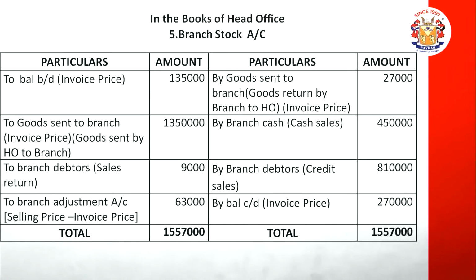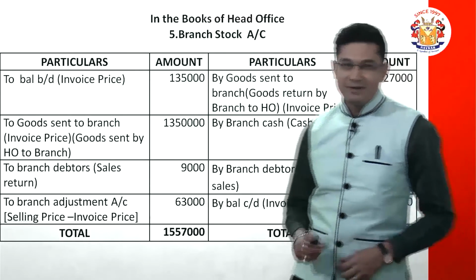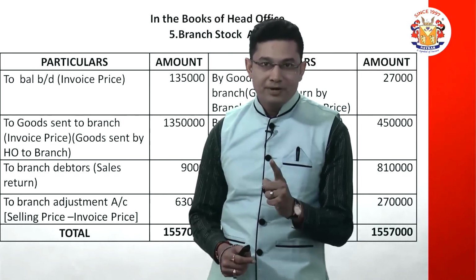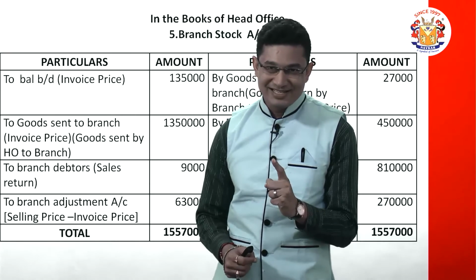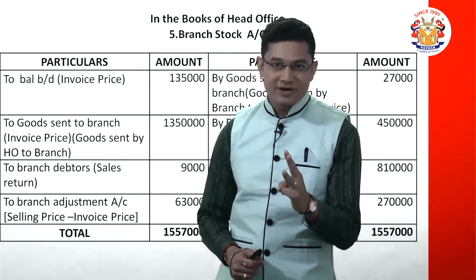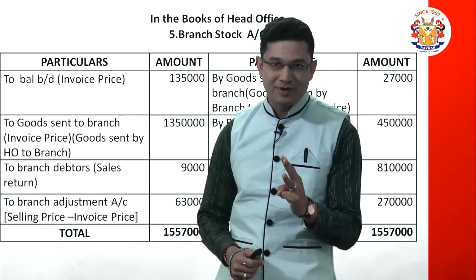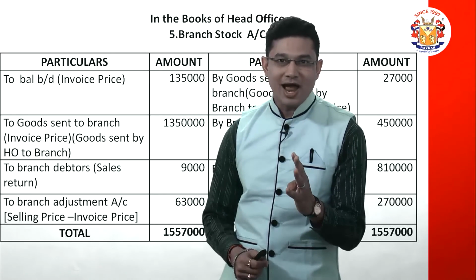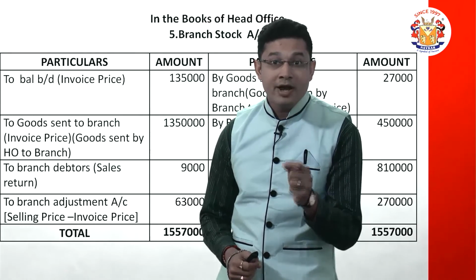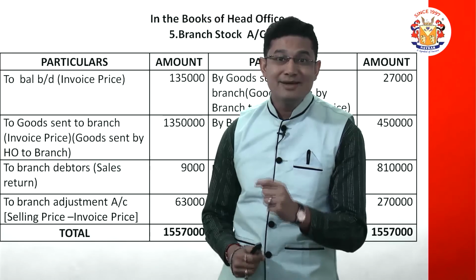Next one, branch stock account. In branch stock account, we will record opening branch stock at invoice price, goods sent to branch at invoice price, goods returned by branch at invoice price, and closing branch stock at invoice price, but net sales will be recorded at actual selling price.